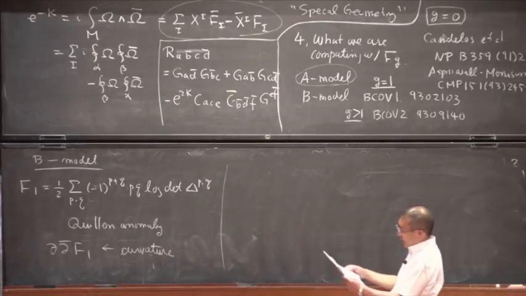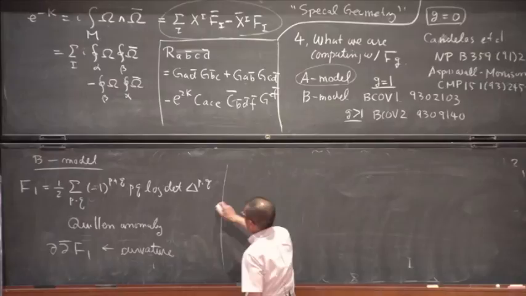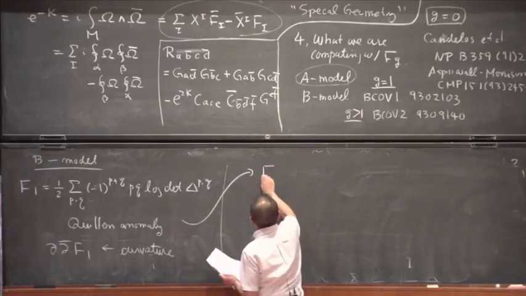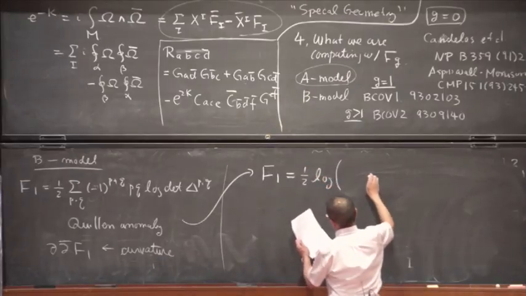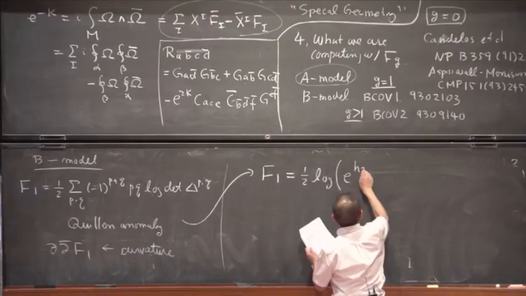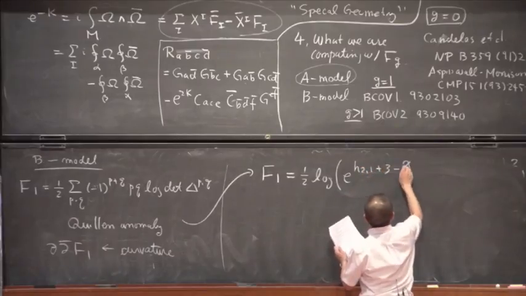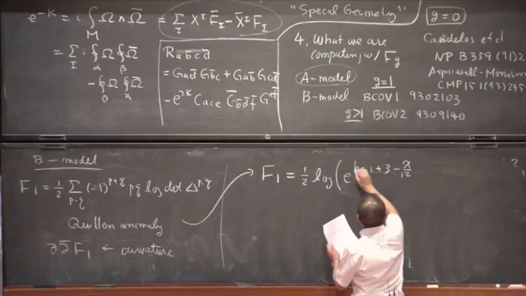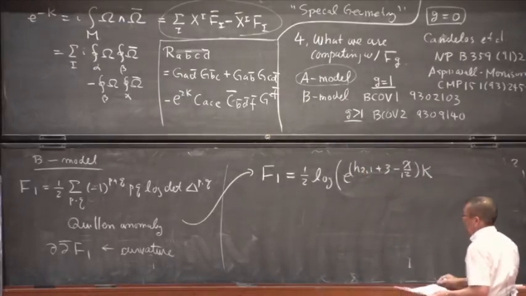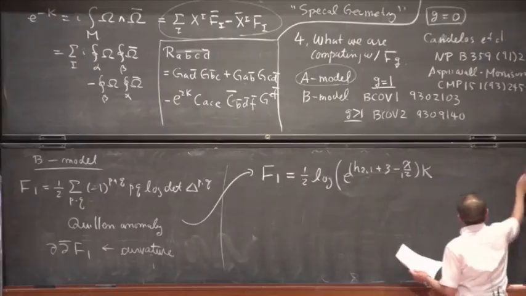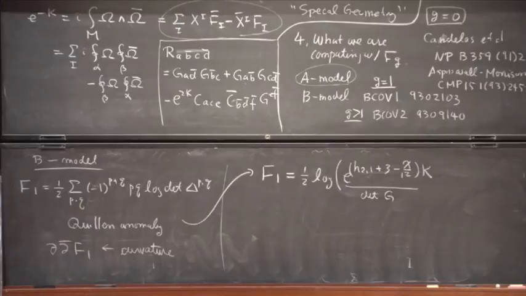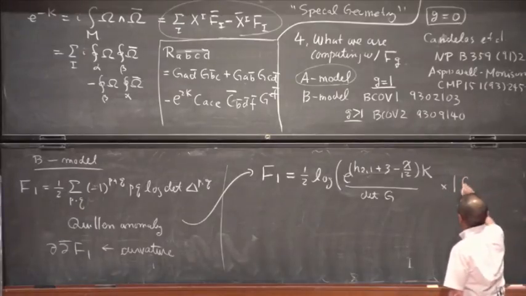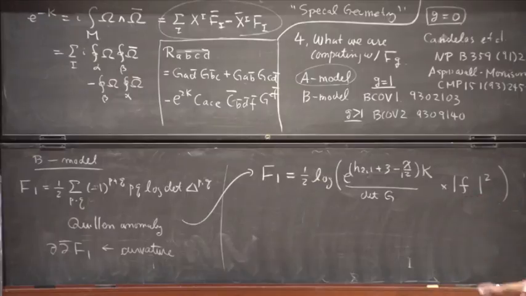So in the case of B model for Calabi-Yau space, for example, it turns out that we can integrate this Quillen anomaly to write F1 as log of e to the h21 plus 3 over chi over 12, times the scalar potential on the Calabi-Yau moduli space divided by the determinant of the metric on the Calabi-Yau moduli space times something which depends totally holomorphically on absolute value of some holomorphic object.